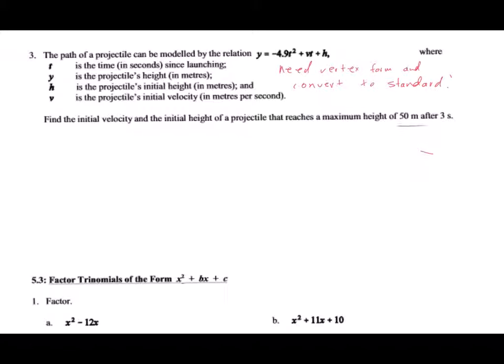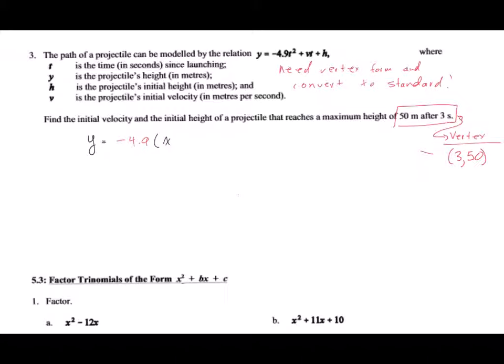It says t is the time in seconds, so that's going to be like our x value. y is going to be our height. h is going to be our projectile's initial height. And v is going to be our initial velocity. So I'm going to use x instead of t. You could do that on your test. Your vertex in this case is 3, 50, because we knew that y is the height, so 50 has to be on the right side of the vertex point.